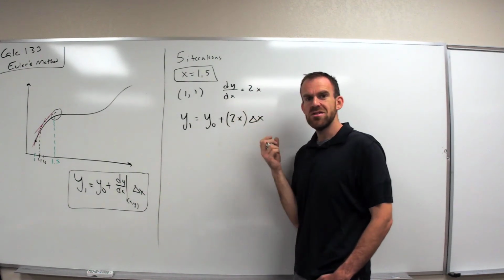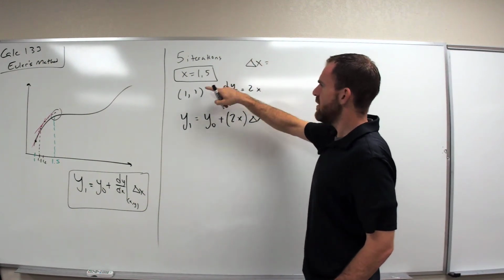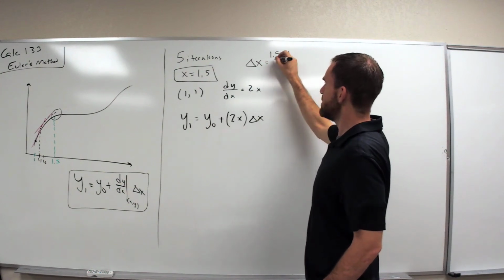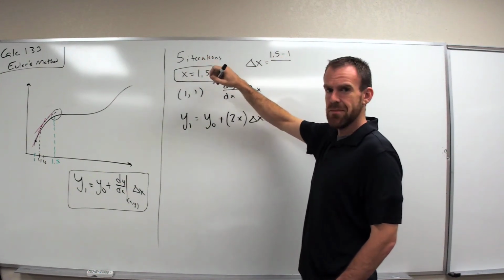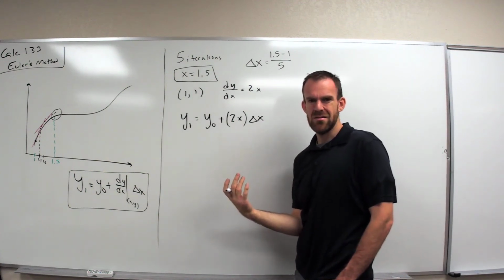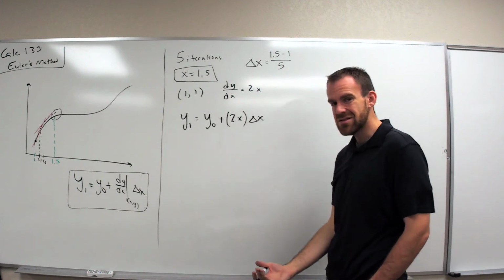So this begs the question, what is my delta x? Well, if I am going from 1 to 1.5, I'm going to do 1.5 minus 1 over the number of subintervals. So it's like (b minus a) over n, like we did for infinite summation so many lessons, like 100 lessons ago.